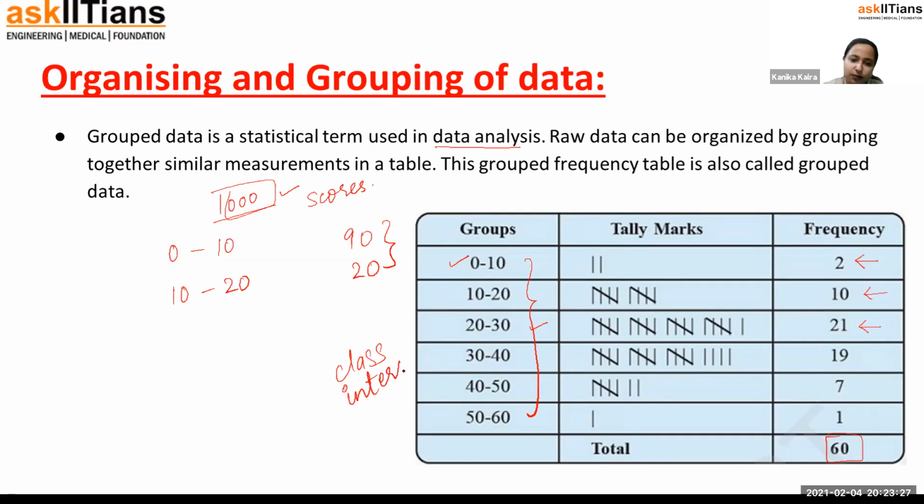These are class intervals. If we talk about one class interval, let's say 0 to 10, 0 is known as the lower limit, and this is known as the upper limit.